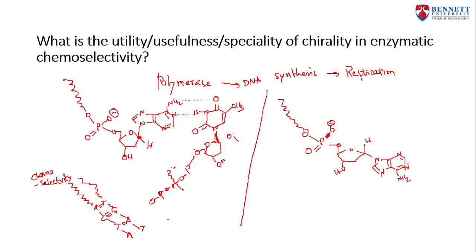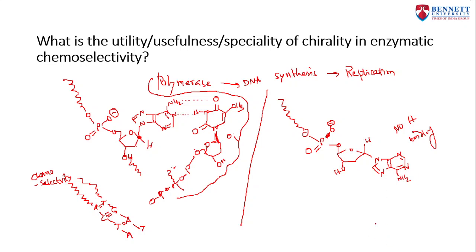It can no longer match with the T because the T is presented in the enzyme cavity, or the active site, like this. So this is presented by the T to the growing chain like this, and it would lead to the recognition. But if it is placed oppositely, then it can no longer recognize, there will be no hydrogen bonding, and the chain will not grow. So you would need an oppositely placed T, which is a non-natural T, for this to work.